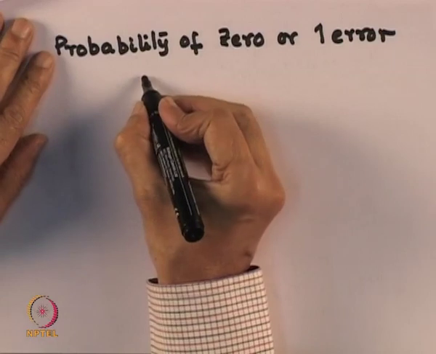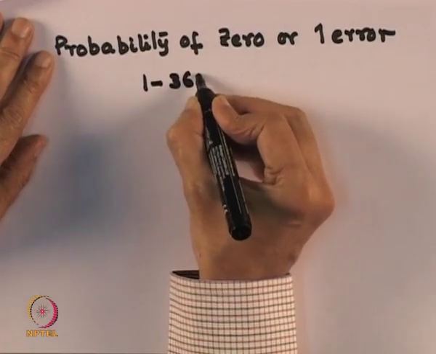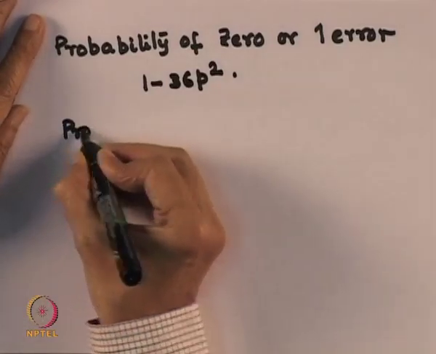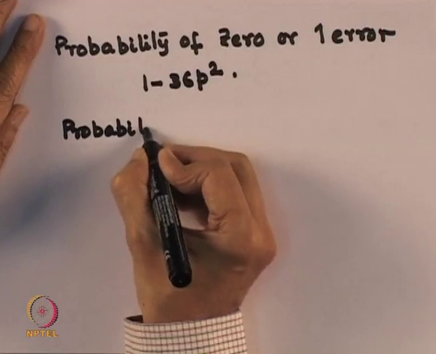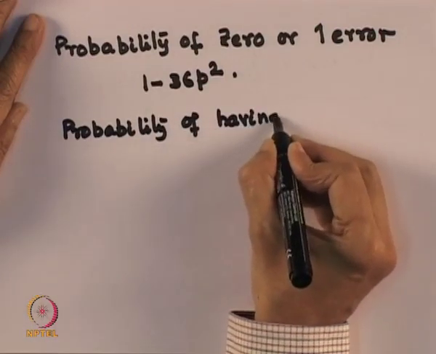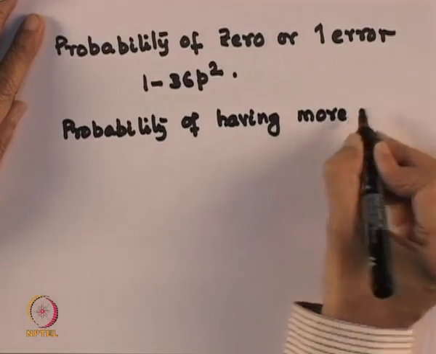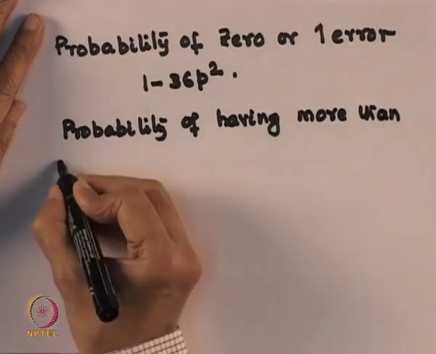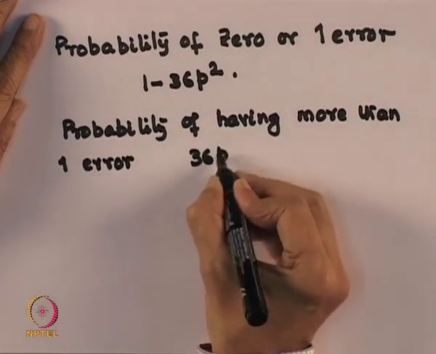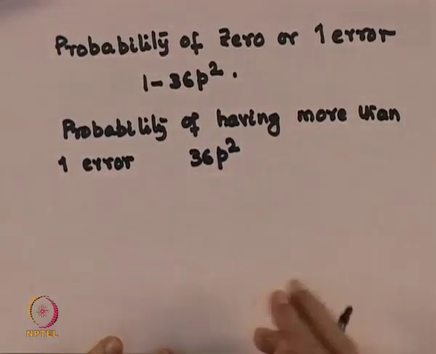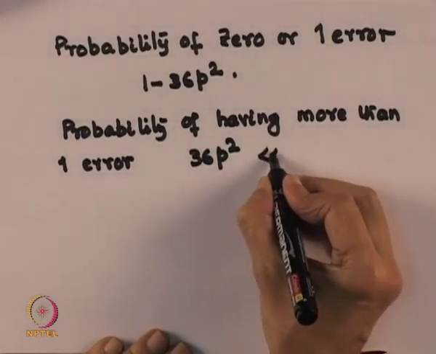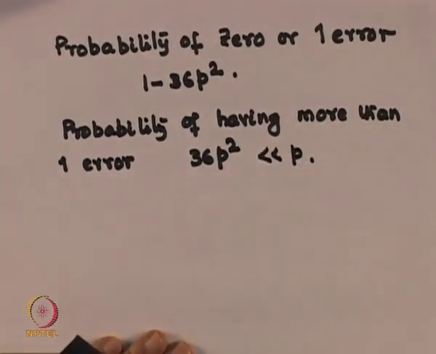So therefore, which is simply 1 minus 36p square, which means the probability of having more than 1 error is just 36p square. And since we had said that probability p is small, this is of course much smaller than p with which we started.